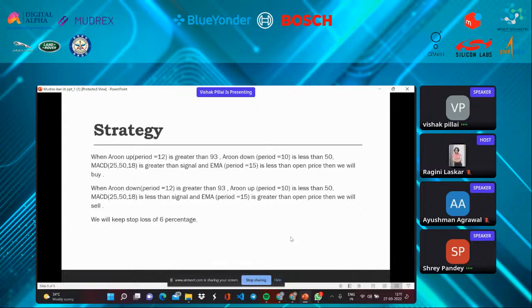Sir, initially we use all three because if we use a particular type of indicator, it increases particular risk. But if you use all three at the same time, it reduces the risk.